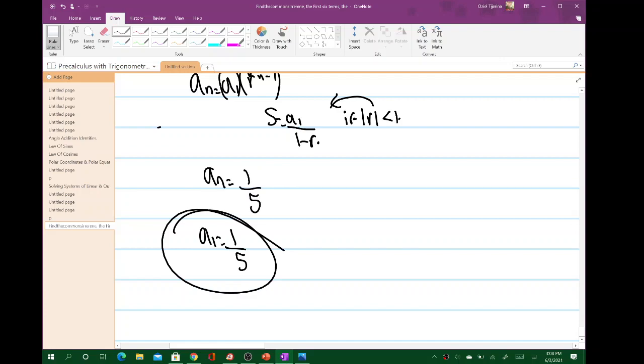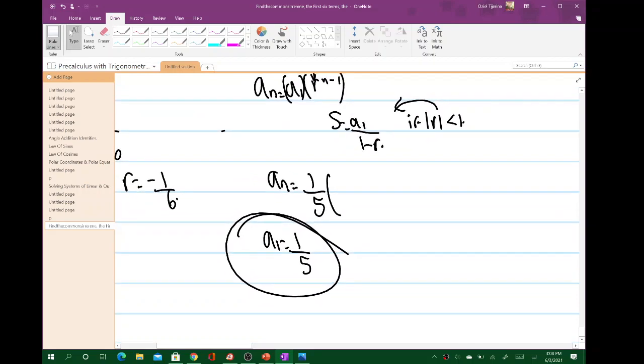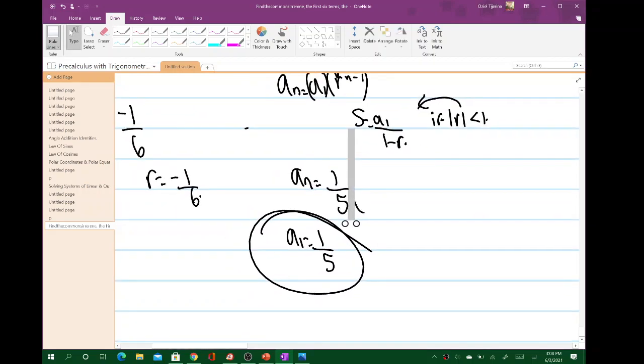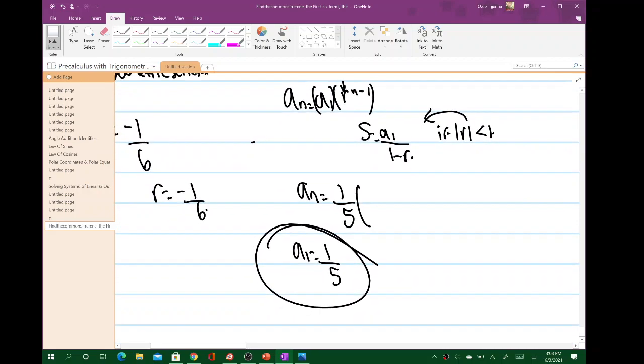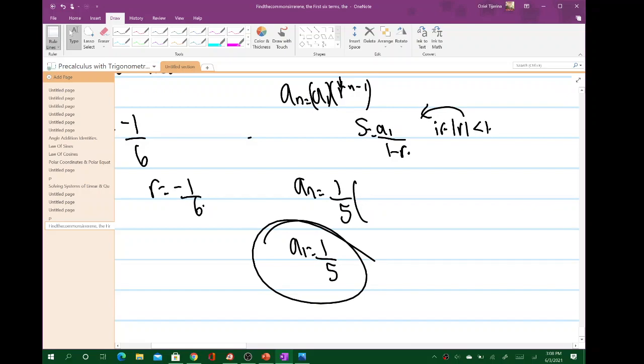It's 1/5 times r, so r is -1/6, and let me put a little bit more parentheses here, to the n minus 1.